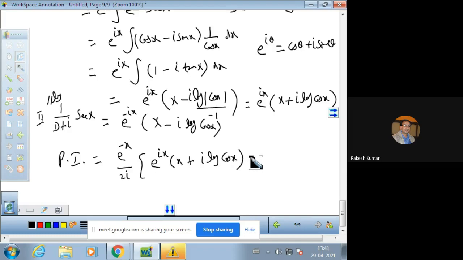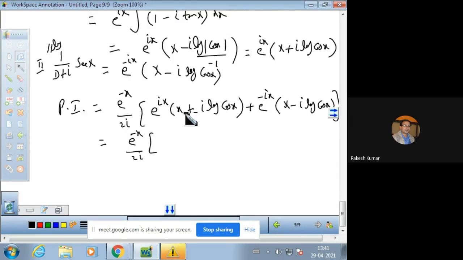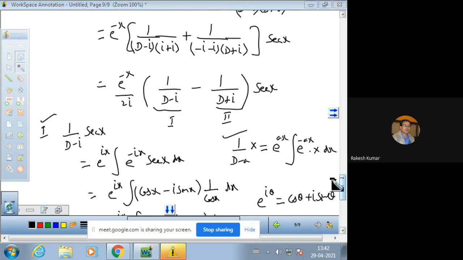Cos of x, and plus e raised to power minus iota x, x minus iota log of cos of x. So e raised to power minus x over 2 iota, and we will have x can be taken common, and inside it, sorry, here we have a negative sign.